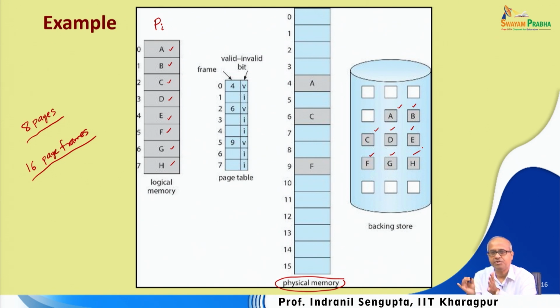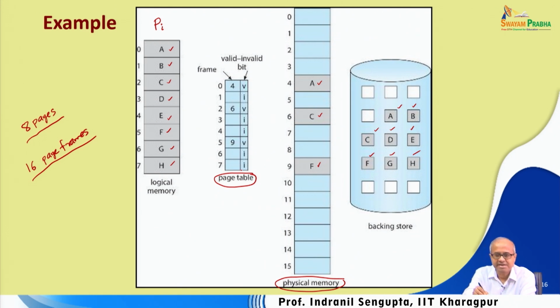And whatever we are showing here is a snapshot of the execution at any particular point in time. This is how this scenario looks like. Only pages A, C and F are loaded in memory. The other 5 pages are currently not loaded. Okay.